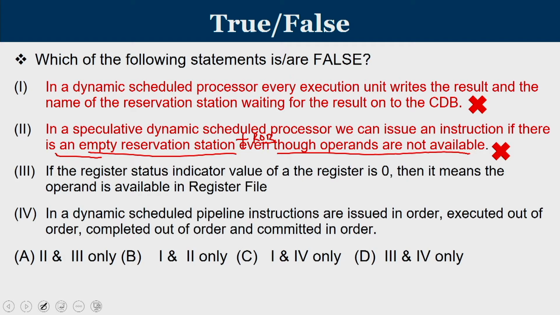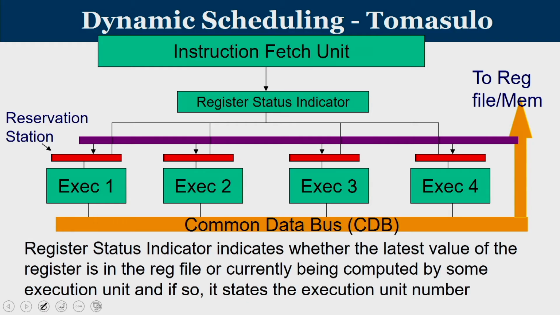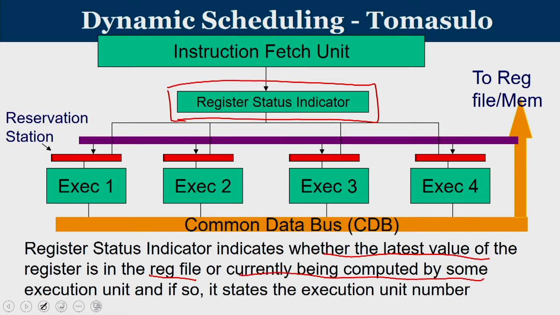If the register status indicator value of a register is 0, then it means that the operand is available in the register file. So, we have to understand what we mean by register status indicator. For every register in a dynamically scheduled processor, we have a register status indicator. It indicates whether the latest value of the register is in the register file or is currently being computed by some execution unit, and if that is the case, it states the execution unit number.